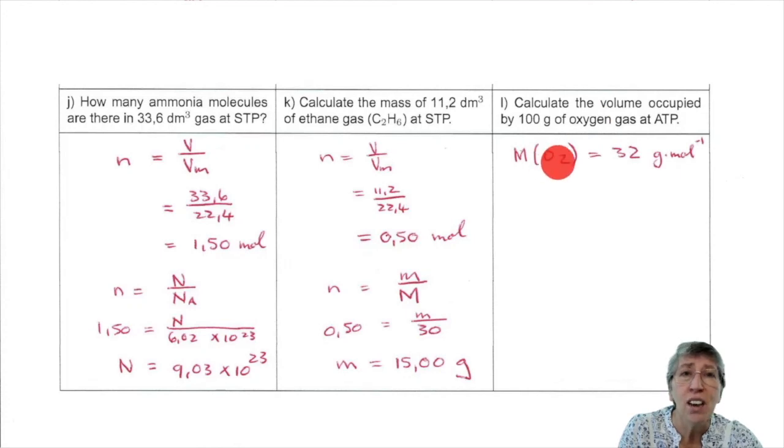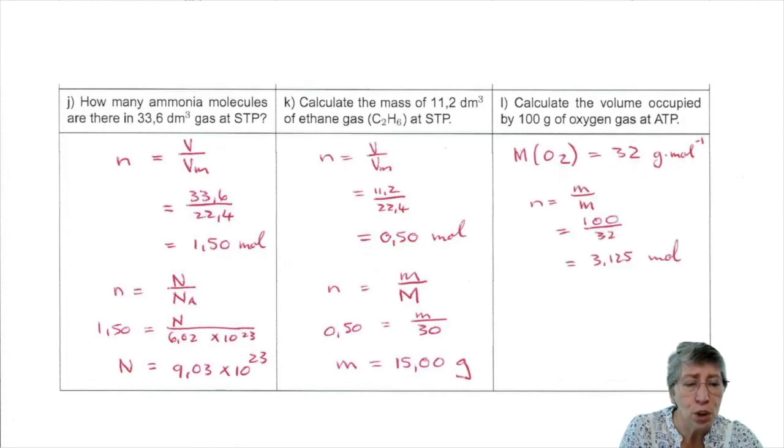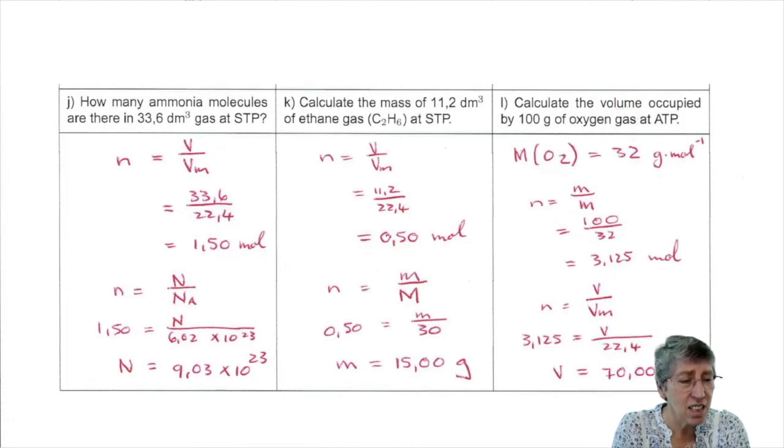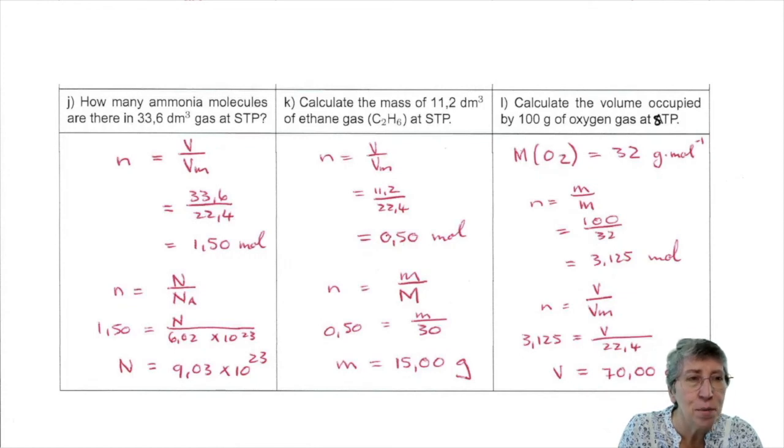So you need to work out the molar mass for O2, and then you can use that first to calculate the number of moles using that 100 grams, and then using that to get the volume. And since we're dealing with a gas at standard temperature and pressure, you get a volume of 70. And remember that 2 places after the comma, and then the unit cubic decimeters.